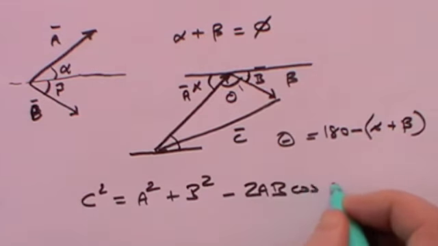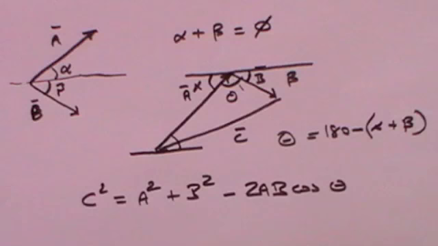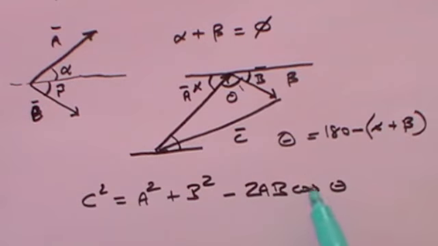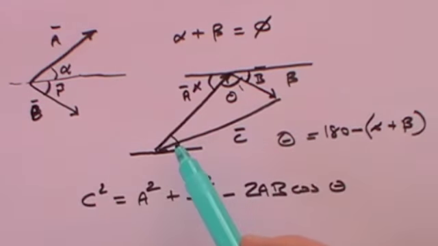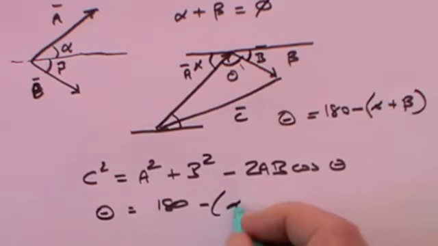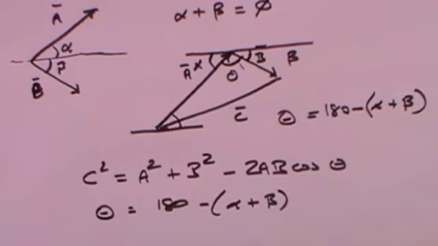That is the cosine rule. Doesn't have to be vectors, that applies for any triangle of any length of sides. As long as you know side A, side B and the angle between them, you can calculate C in this way. But we've already said that theta is equal to 180 minus (alpha plus beta).